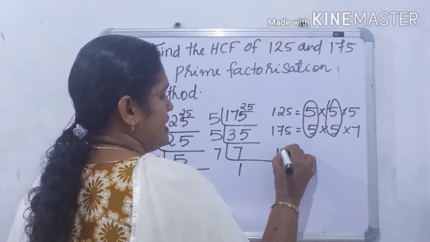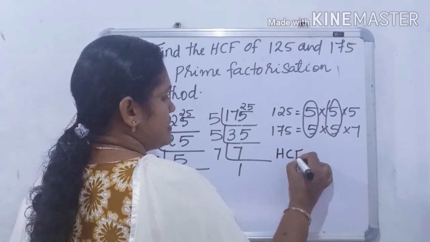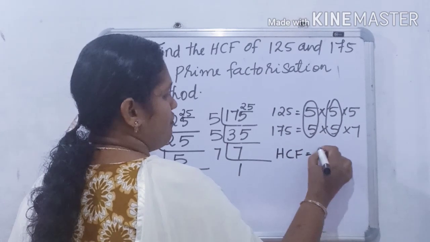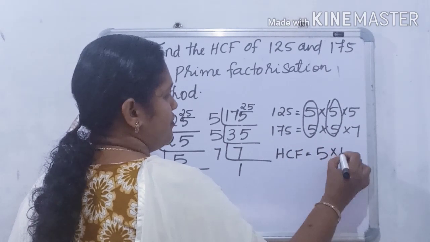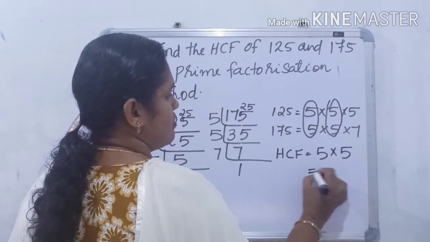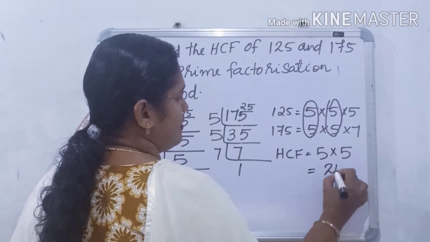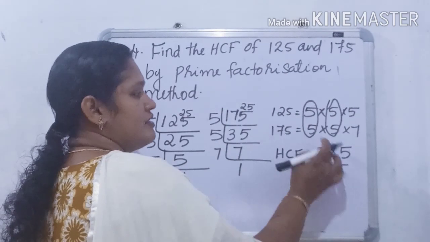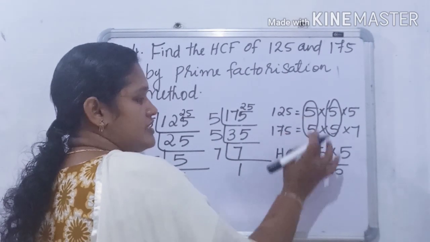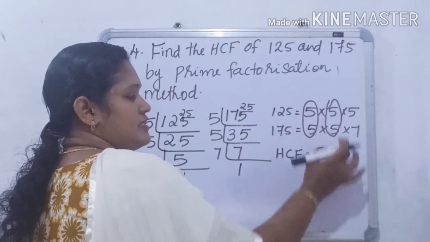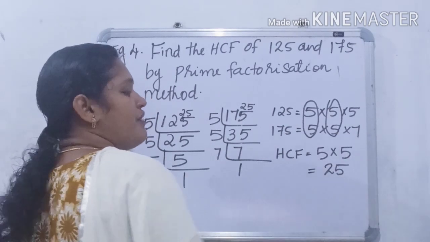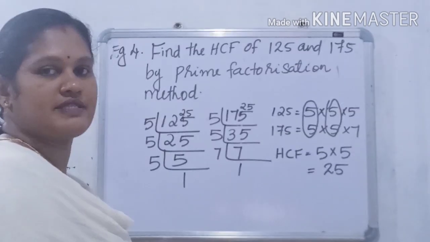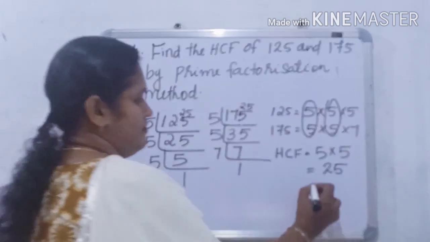So highest common factor HCF equals 5 into 5. This equals 25. Take one number from each pair. From this pair take 5 and from this pair take 5. So 5 into 5 equals 25 is the HCF.